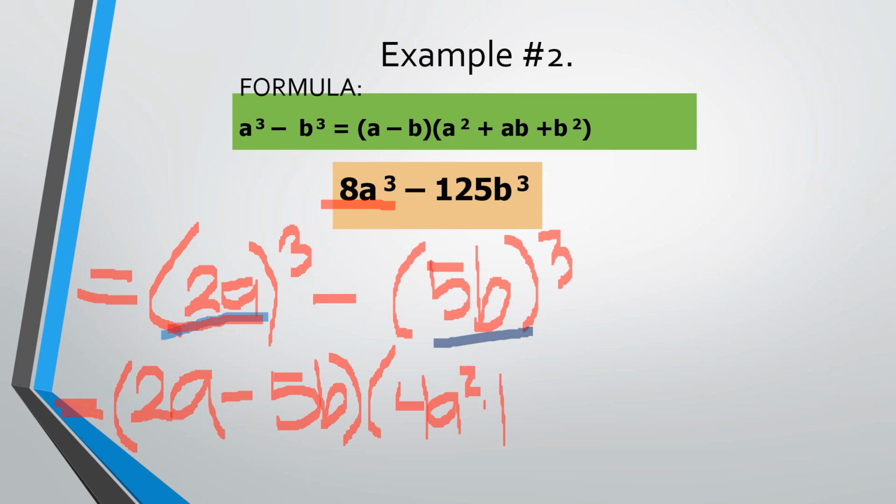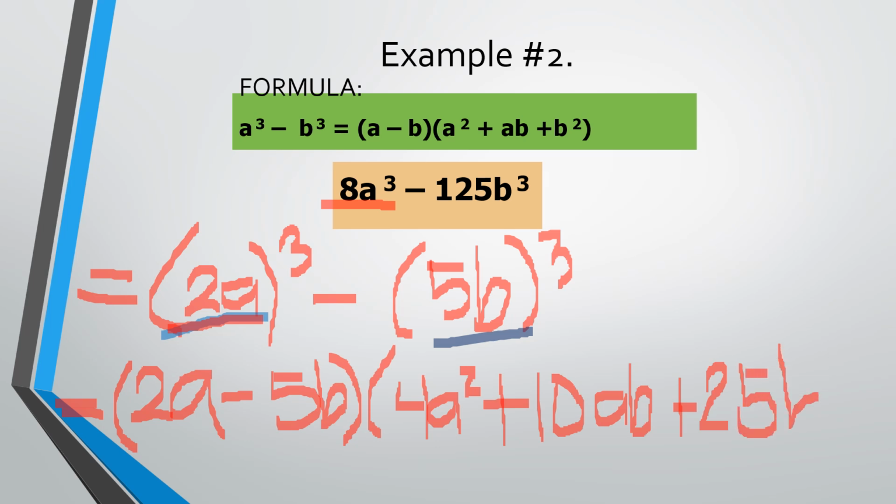Plus, we have a times b. So we have 2 multiplied by 5 is 10, a multiplied by b is ab, plus b squared, which means 5 times 5, 25, b times b is b squared. And then you close it, and this will now be our answer.